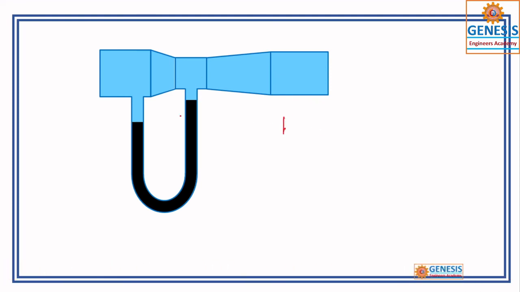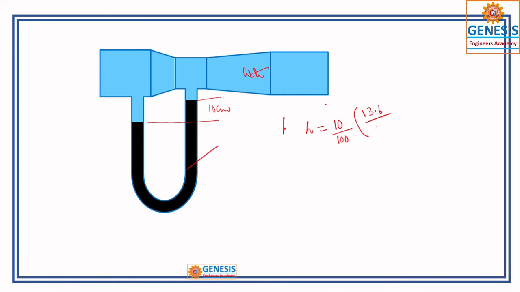So if this is 10 centimeters, then H is equal to x into, that is 10 centimeters, and we will convert into meters. We have used mercury, then it is 13.6, and I take this as the water, and the specific gravity of water is 1, and minus 1.